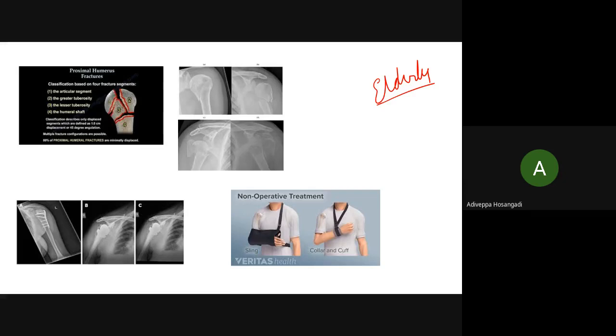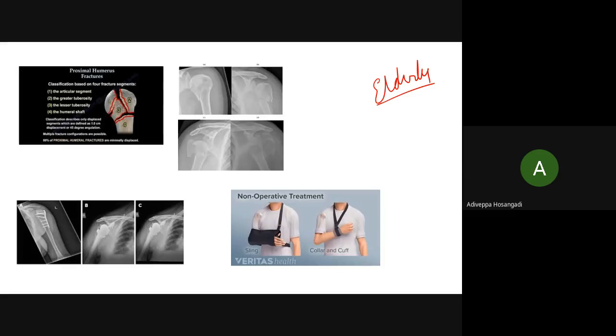That is a four-part classification. Two-part can be the surgical neck of the humerus, or only a GT fracture, or only an LT fracture. Two-part can also be head of the humerus and GT, or head of the humerus and LT. It is simple mathematical probabilities.